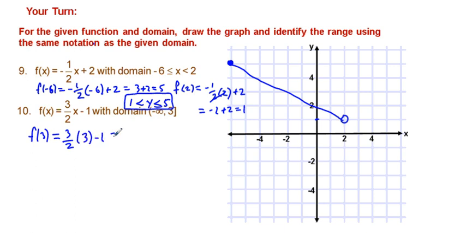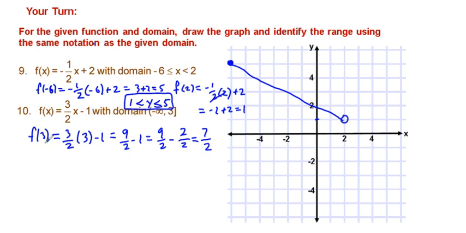So 3 times 3 is 9, so we get 9 halves minus 1. And 1 is the same as 2 over 2, so we can rewrite that minus 1 as 2 over 2. So we get 7 halves.